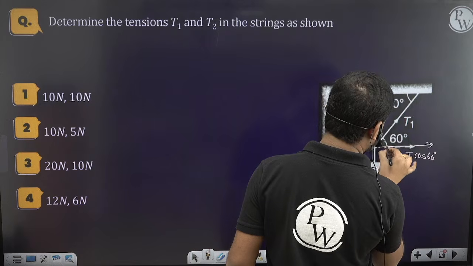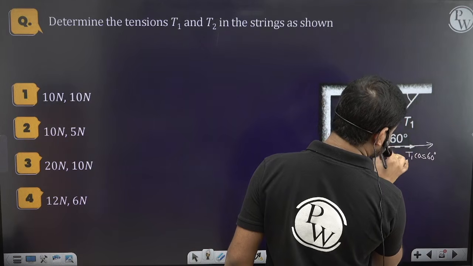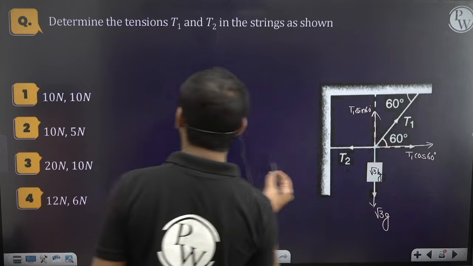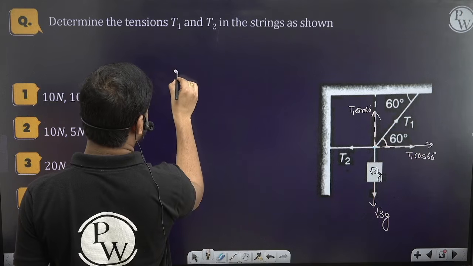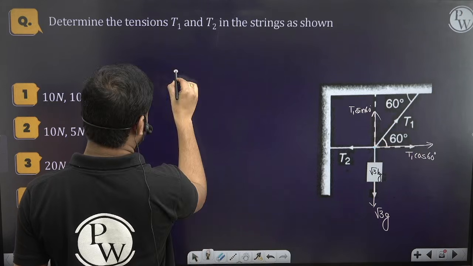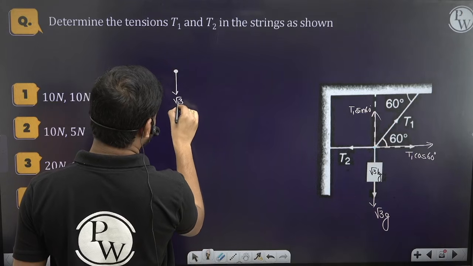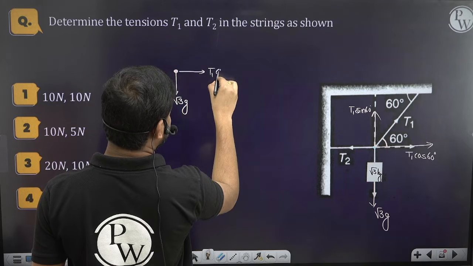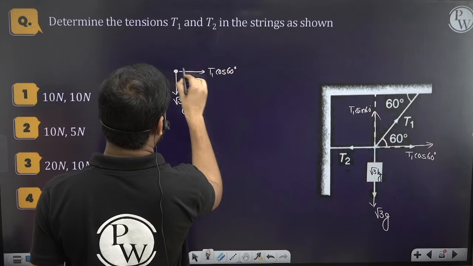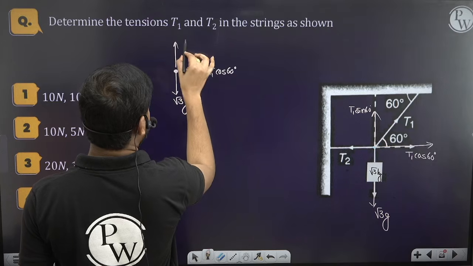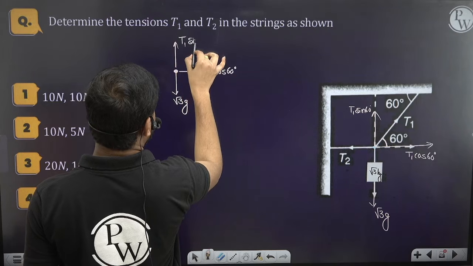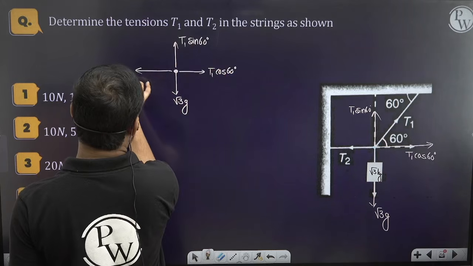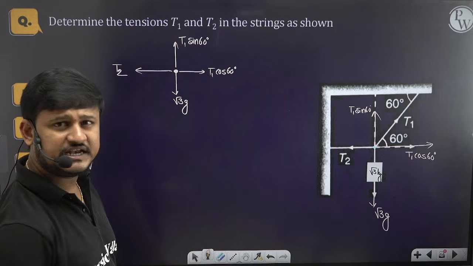If this angle is 60, the cos component of 60 will come this side, and the sin component this side. Now if you draw the free body diagram of this root 3 kg body, downside root 3g is acting, right side T1 cos 60 degrees, upside T1 sin 60 degrees, and left side the T2 force is acting. That's it.